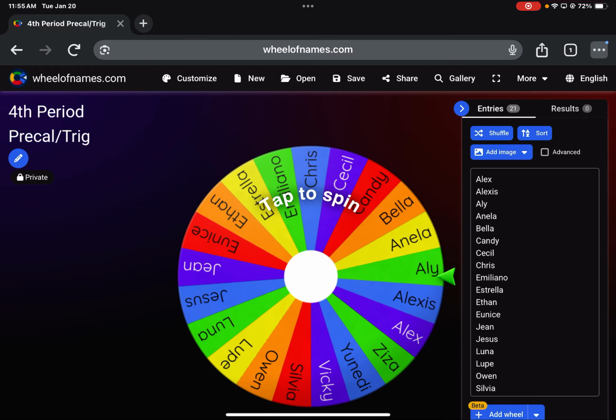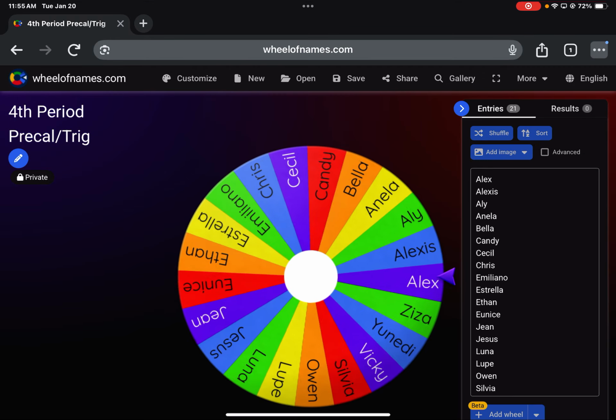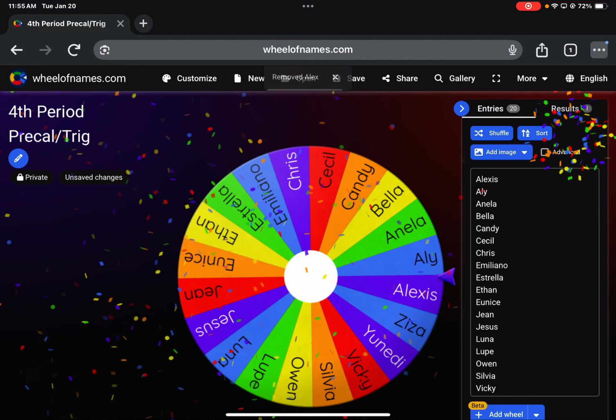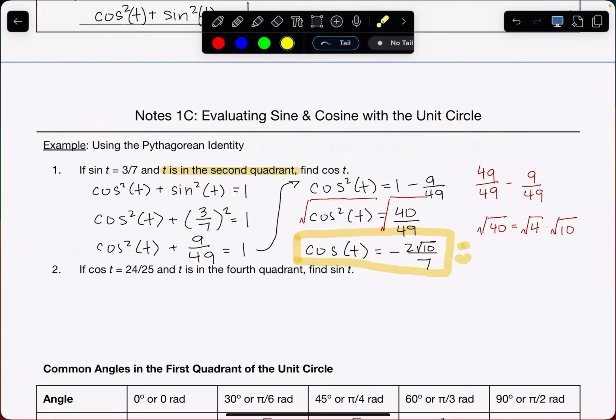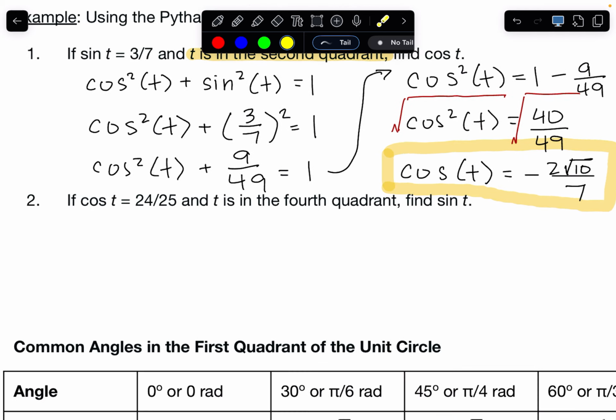Okay, let's see. Who is our first person who's getting voluntold today? Alex. All right, starting with example 2. Suggestions on how we would start, Alex?